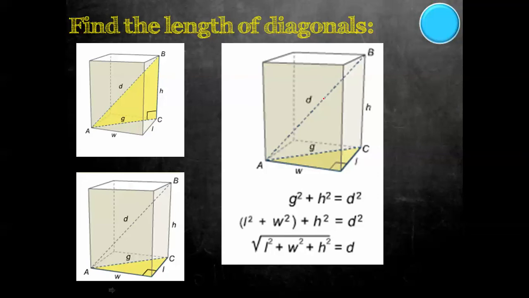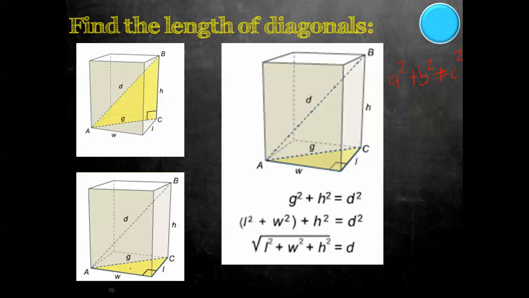To find the lengths of the two diagonals, if you're just finding a face diagonal, especially in a rectangular prism, we're just going to use the Pythagorean theorem. To review, the Pythagorean theorem is a squared plus b squared equals c squared.